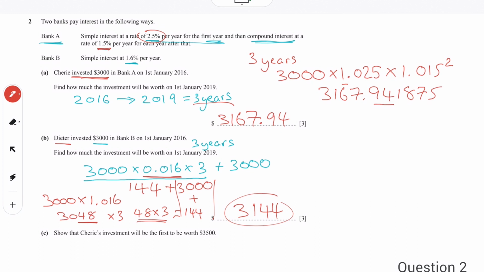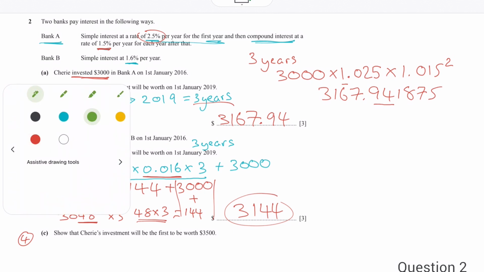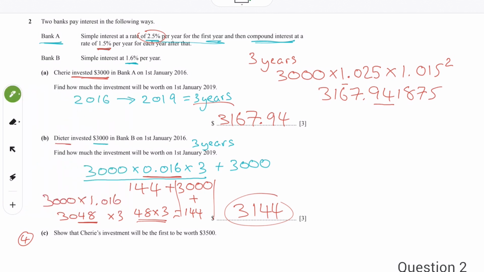Okay, that's those two. We've got 6 marks there, but we've got this one here, which is worth 4 marks. Okay, so that Sherry's investment will be the first to be worth 3,500. This is where it gets a little bit more difficult. I'm going to switch my pen colour for this one here. So let's have a little look at this. 3,000, and I'm going to times that by 0.016, times it by n, plus 3,000, which should equal roughly 3,500.